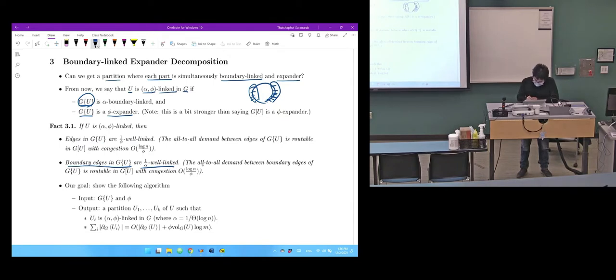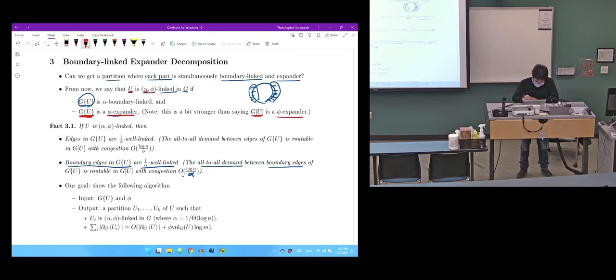That is, the all-to-all demand between the battery edges can be routed with congestion something like 1 over alpha. And when I say that this is alpha-phi linked, I want to say that this graph is a phi expander. So this is a bit stronger than saying that the induced subgraph is a phi expander, right?